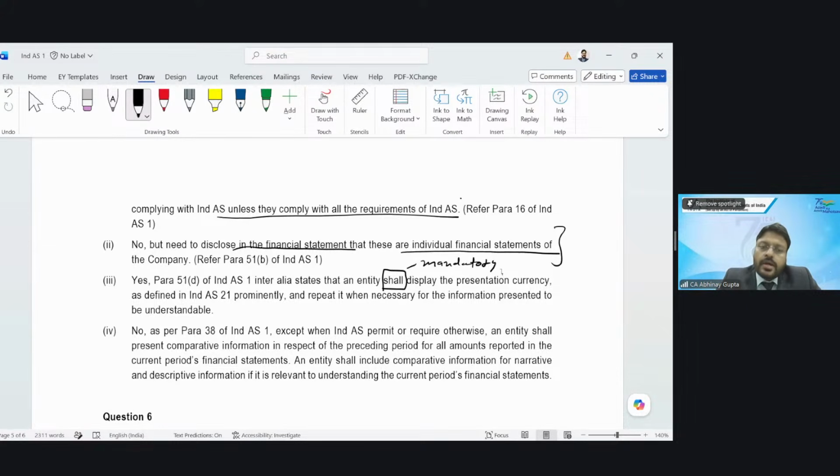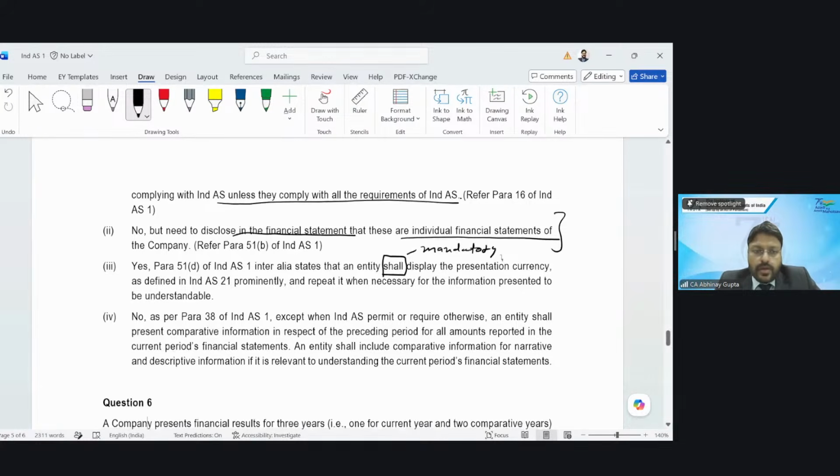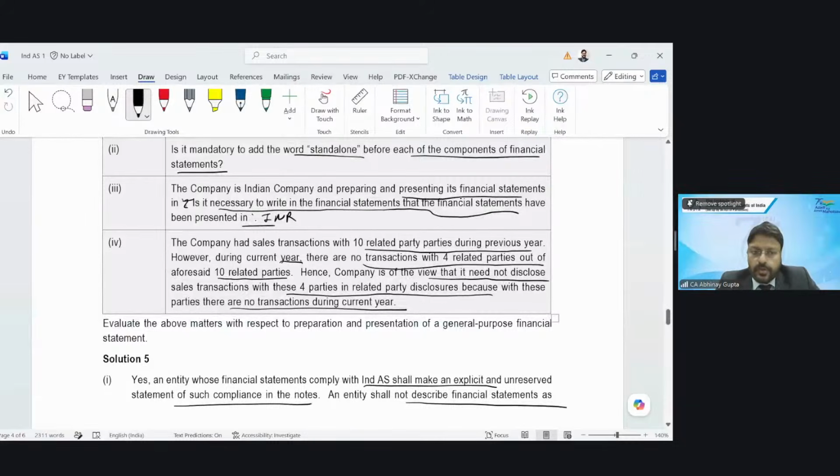So everywhere, wherever you are presenting the amounts, you have to present the rupee sign or the INR word, right? So that users get to know that everything is in INR only on this balance sheet. So we have to repeat it everywhere, wherever it is required to be repeated, to avoid any confusion.